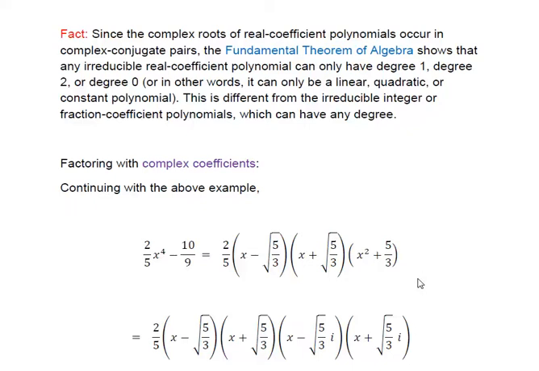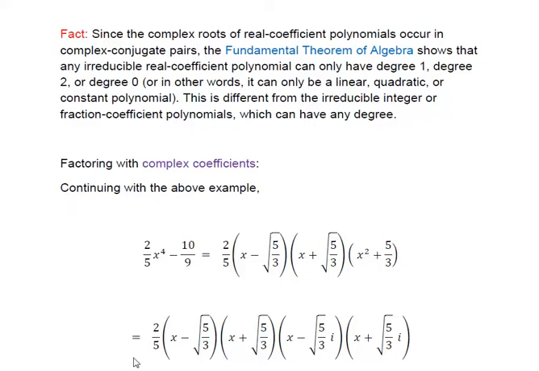Now, x squared plus 5 over 3 was not factorable with real coefficients, as we mentioned before, since it has no real zeros. However, if we allow complex coefficients, it factors as a difference of squares: x minus square root of 5 over 3 i times x plus the square root of 5 over 3 i. And we have the factorization that we get from the fundamental theorem of algebra.